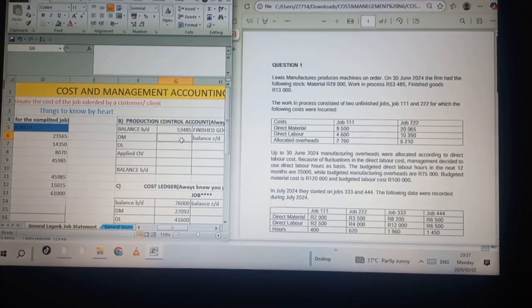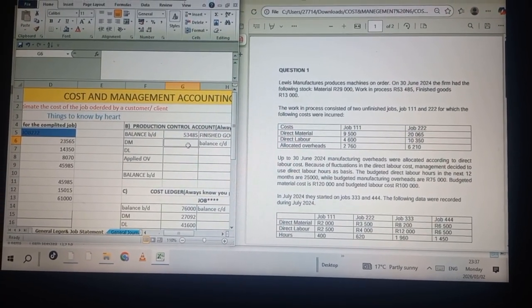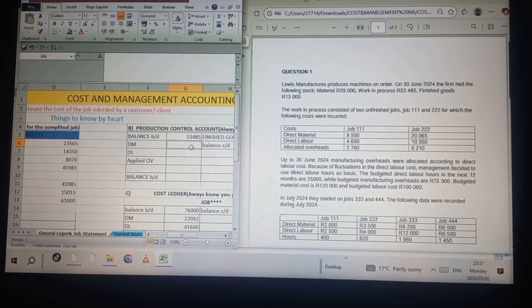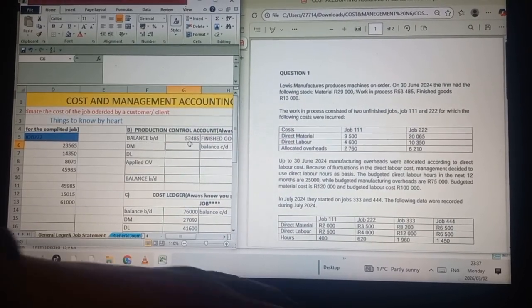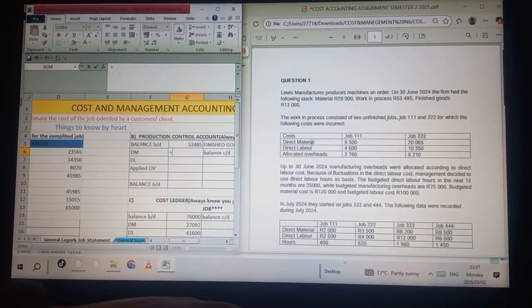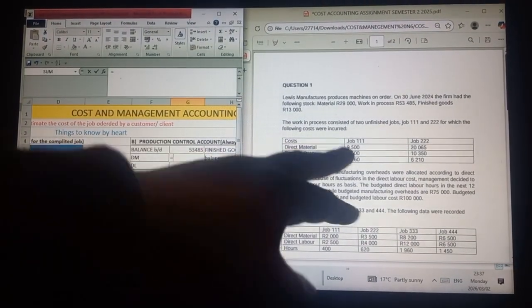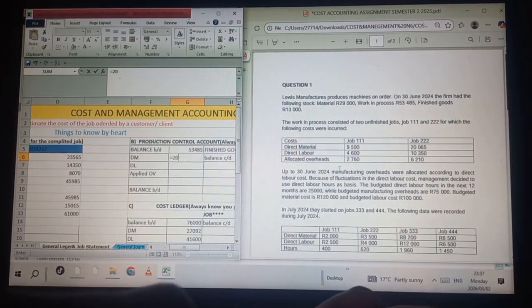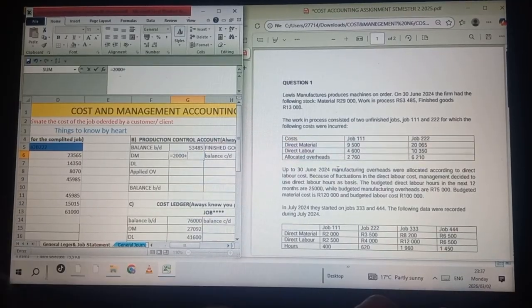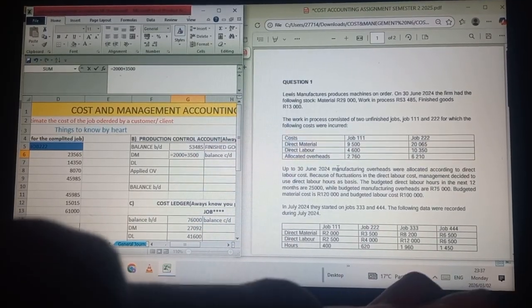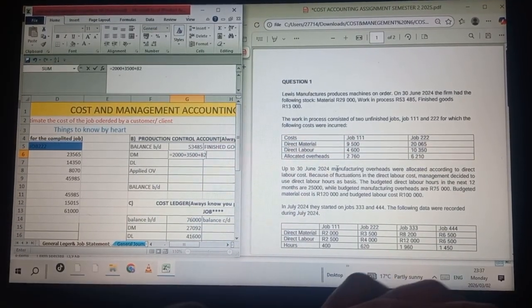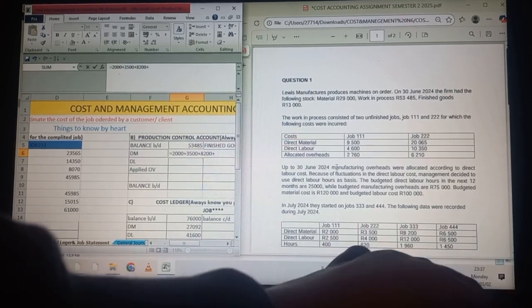Direct material, it is given. You add your 2,000, meaning you open your bracket, plus 2,000 plus 3,500 plus 8,200 plus 6,500.